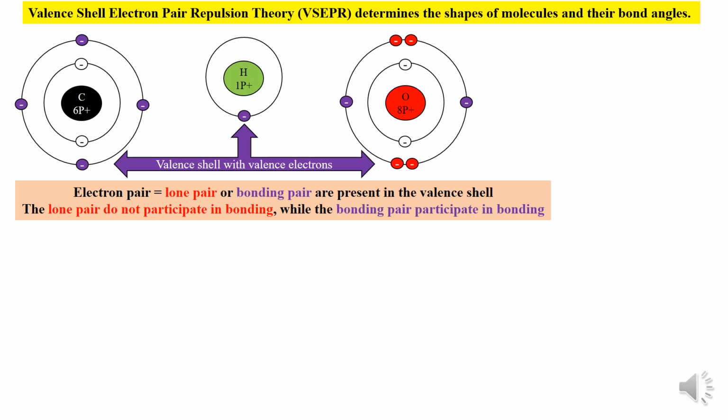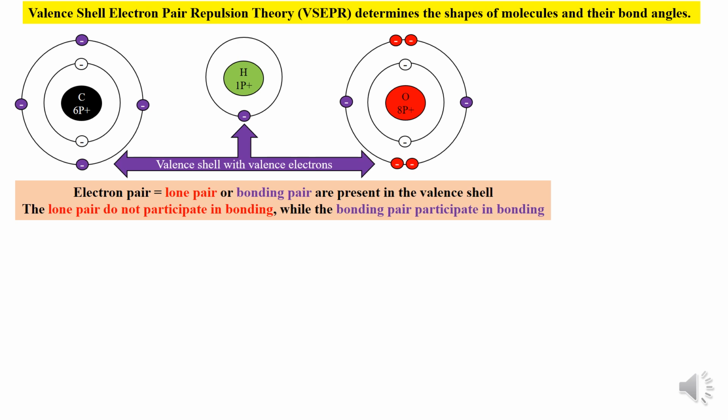So the electron pair could be a lone pair or bonding pair, and both the lone pair and bonding pair of electrons are present in the valence shell. So what is the valence shell? Valence shell is the outermost shell of an atom.